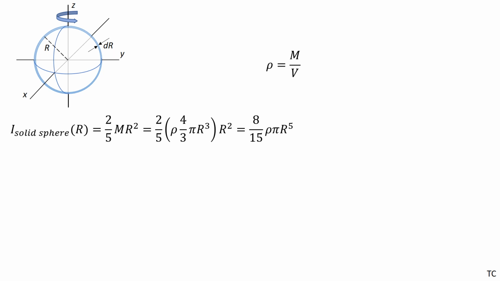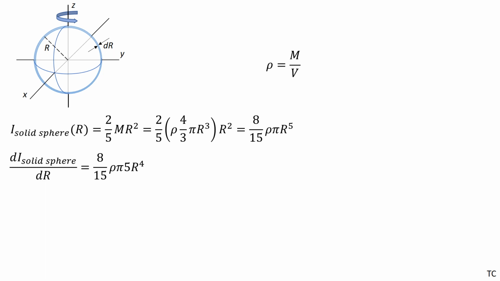To get the moment of inertia of a spherical shell, what you can do is first differentiate the moment of inertia of a solid sphere with respect to radius. And that you get as 8/15 rho pi 5 r to the 4th. And conceptually, this is how the moment of inertia of the solid sphere is changing with respect to radius.